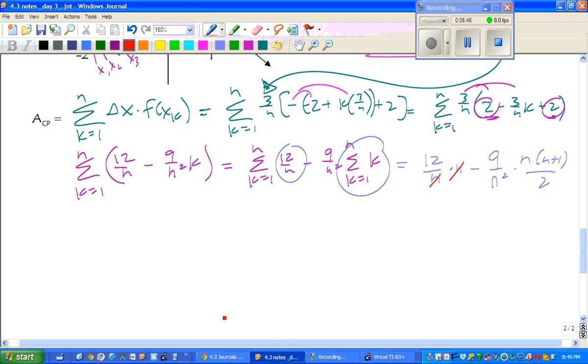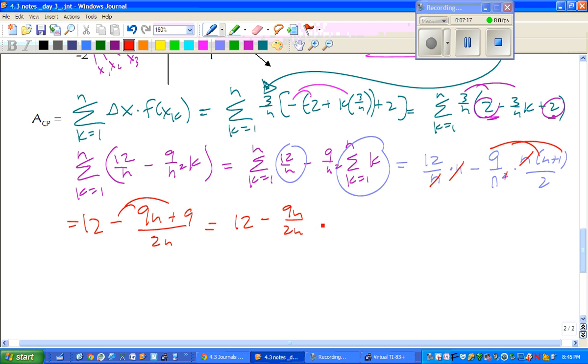So the n's cancel out. Over here, this n cancels out with one of these. So we're left with 12 minus, we have the 9 times n plus 1 on top, so I'm going to distribute that: 9n plus 9 all over, on the bottom we have 2n. So remember, this is where we can split things up. This is like 12 minus 9n over 2n.